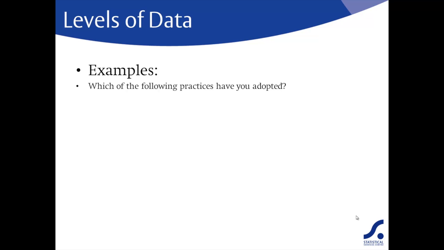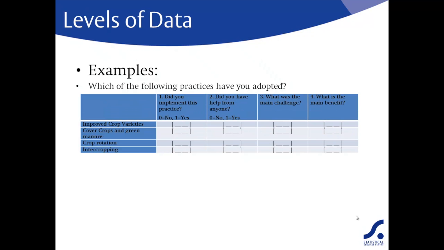Different levels within the questionnaire are not always easy to spot. And we have a couple of examples here, which are both as tables in the questionnaire. So if we say, which of the following practices have you adopted? This table, looking at farming practices, in each row a different practice is shown, such as improved crop varieties, cover crops, etc. For each practice we have 4 questions.